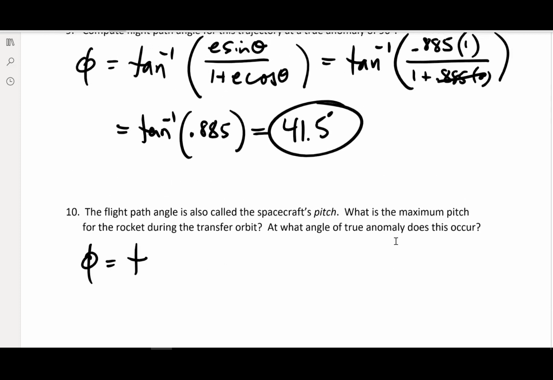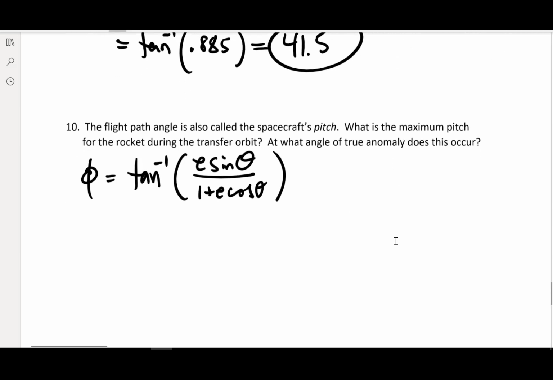phi is tan inverse of E sine theta over 1 plus E cos theta. So if we're going to find the maximum value of phi, we'll need to take a derivative of this with respect to theta to see how phi is changing with respect to theta, to see what angle we have a maximum pitch, maximum value of that phi.